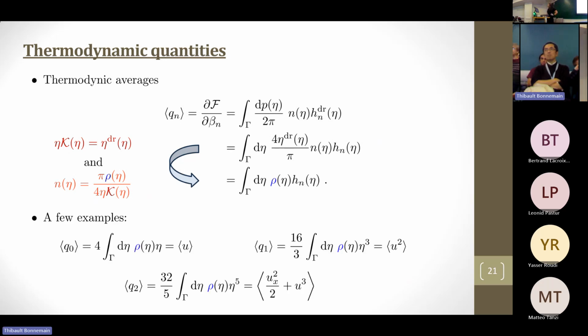And here are a few examples of those charge densities. As you can see here, the first two are particularly interesting because they are the first two moments of the field, right? And so in a way, with this construction, you directly get the average and the variance of the field for free. But afterwards, the charge densities become more and more complicated.